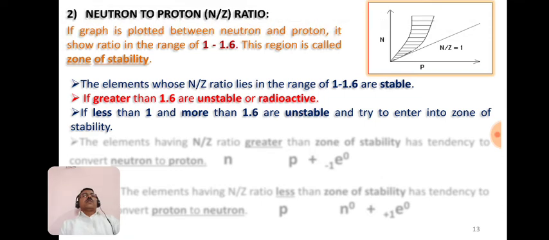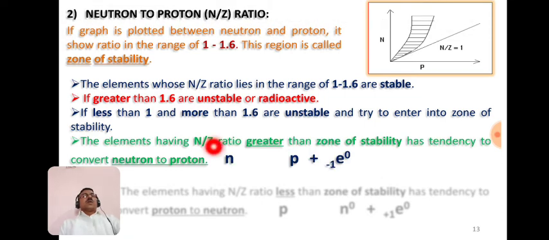The elements having n by z ratio greater than the zone of stability have a tendency to convert neutron to proton. So the elements which have n by z ratio greater than the zone of stability attain stability by converting neutron to proton. This is the equation that indicates the conversion of neutron to proton.